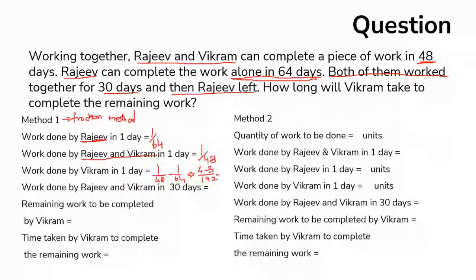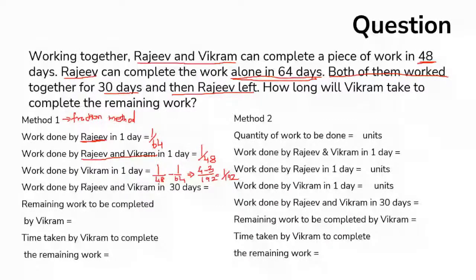So you'll be getting it as 1 by 192. So in such case, Vikram's 1 day work is 1 by 192.